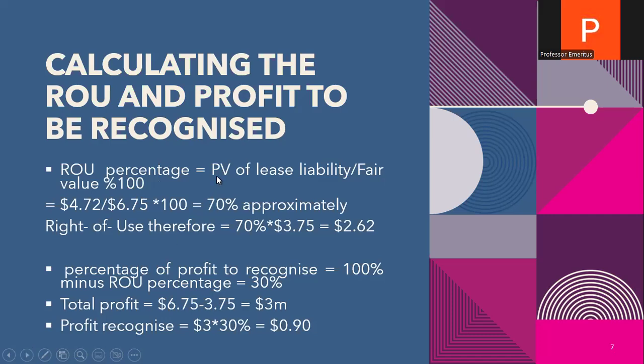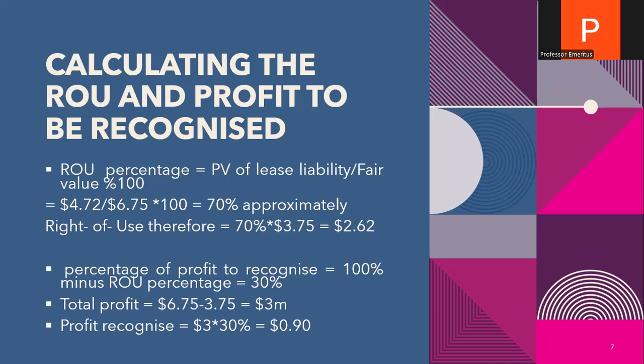Then we did say that if a transfer qualifies as a sale, what we do is that we de-recognize the asset, then we recognize a profit or loss on disposal, and then we recognize the right of use of the lease and the lease liability.